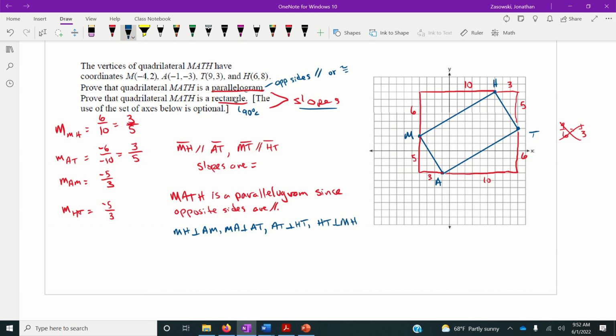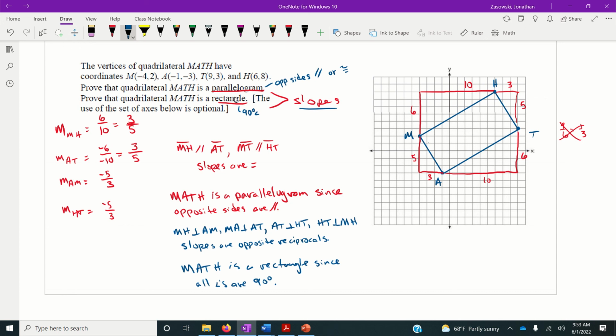Okay, so we have 4 sets of lines that are perpendicular. How do we know, once again? Because the slopes are opposite reciprocals. All right, and that means that MATH is a rectangle, since all the angles are 90 degrees. And why? Because the lines are perpendicular.